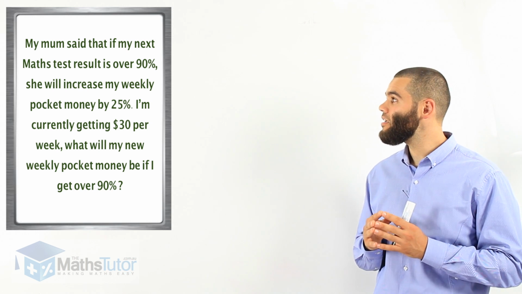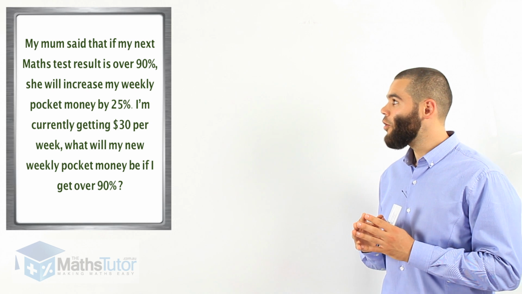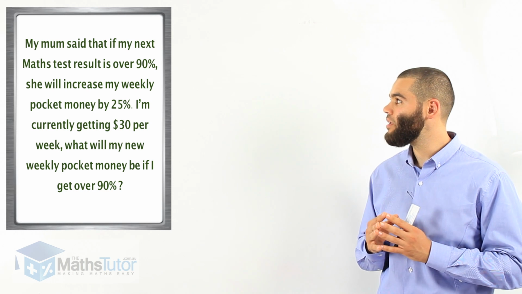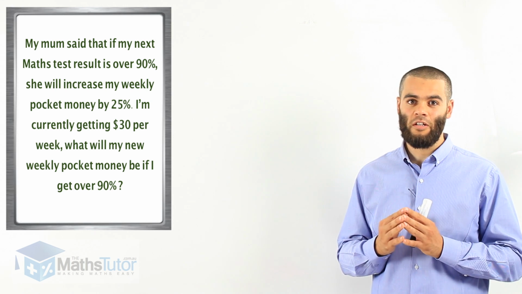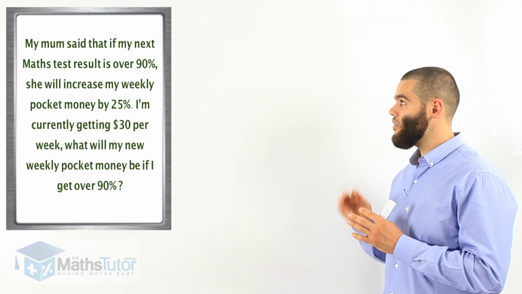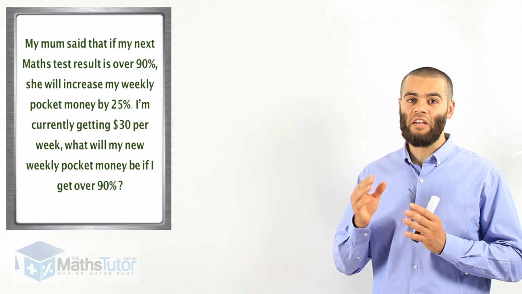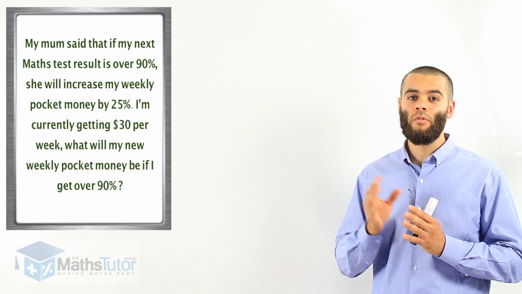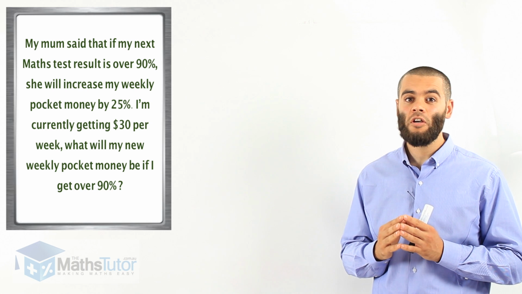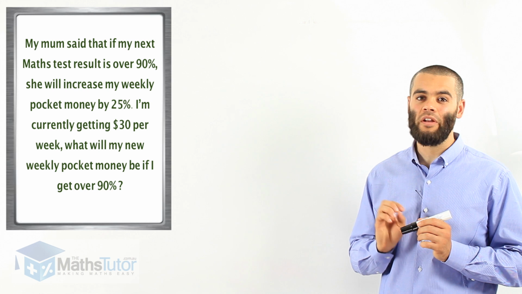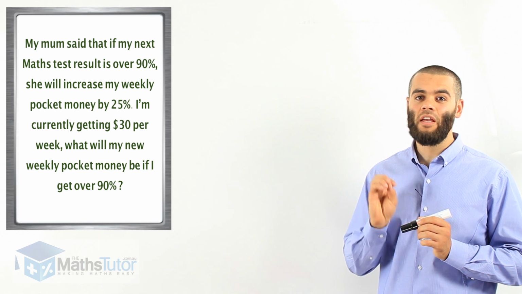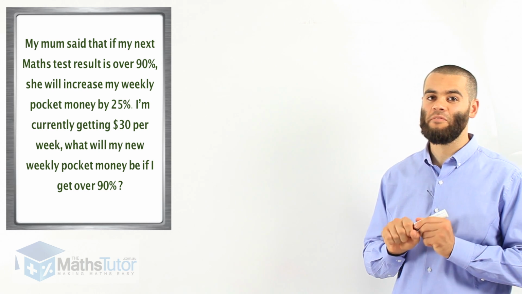I am currently getting $30 per week. What will my new weekly pocket money be if I get over 90%? So this is a good deal. Mama said, if you get over 90% in your next maths test result, I'm going to increase your $30 by 25%. Let's work out and see what he'll earn if he gets over 90% in his next maths test.